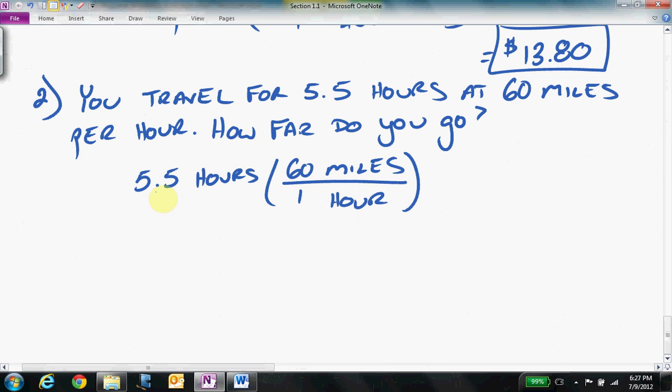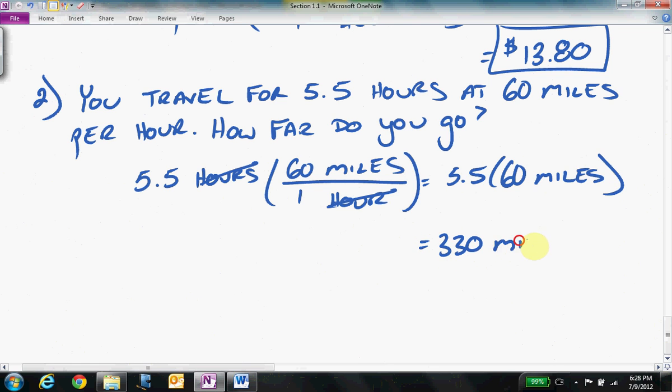But since I see that I have something in the numerator and the denominator, they're both hours, I can take those out. Now I'm just left with 5.5 times 60 miles. And, well, 5.5 times 60 is 330 miles. So that's your distance traveled.